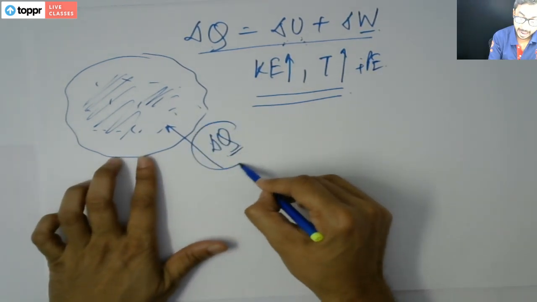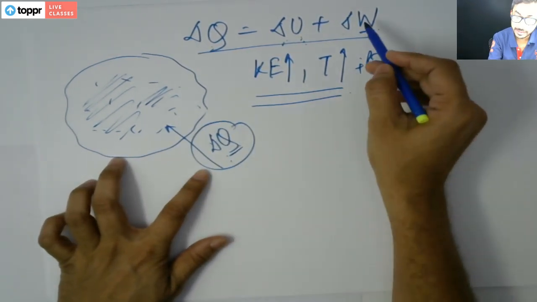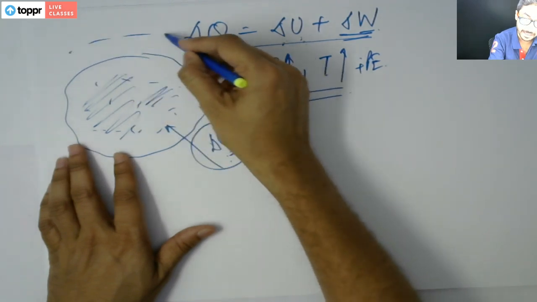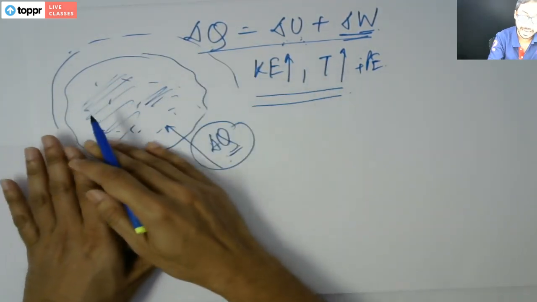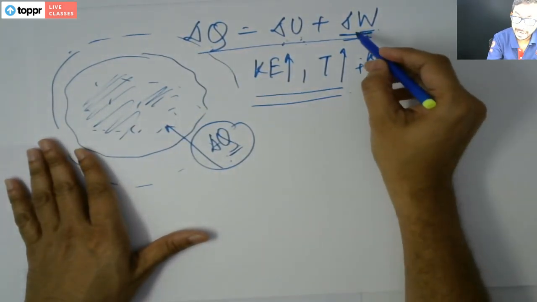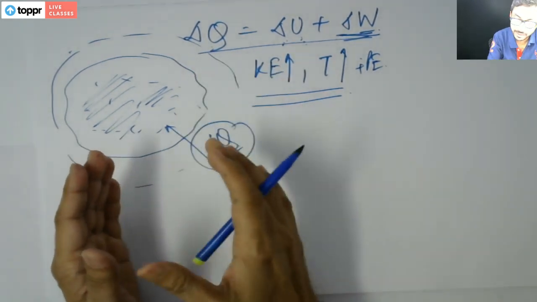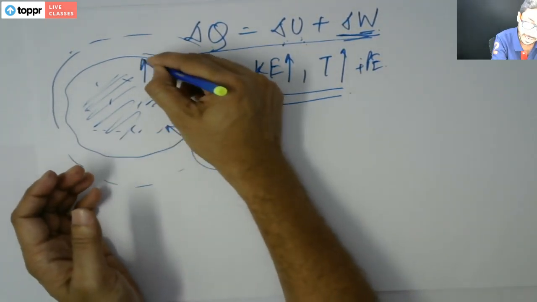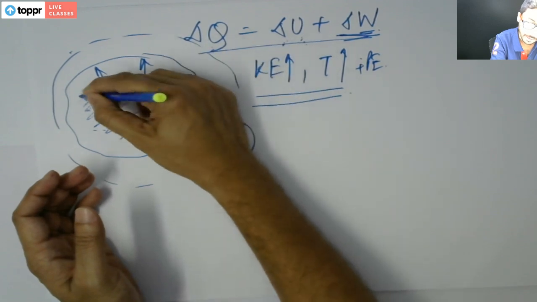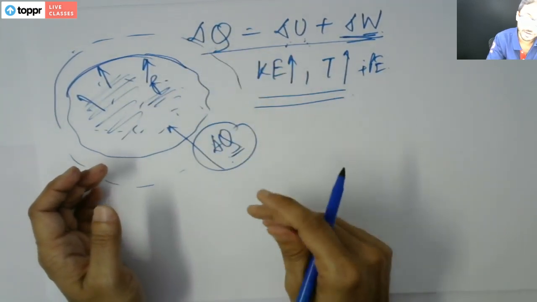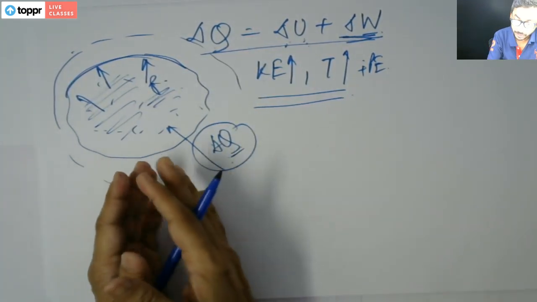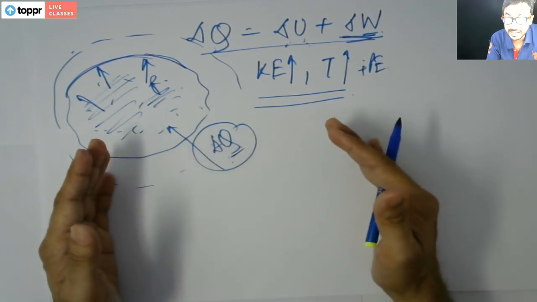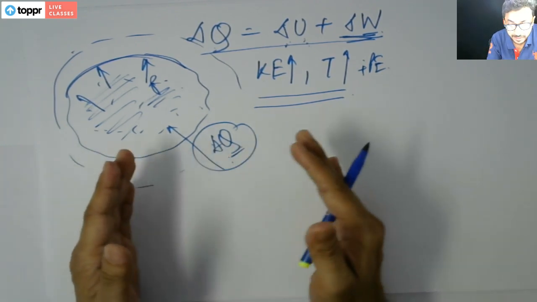And another thing will happen, that is, the gas will expand. Now when the gas is expanding means what? Definitely there is a force, that is, the gas has pressure. Pressure applied over an area is a force, and with that force the gas is expanding, so there is a displacement.